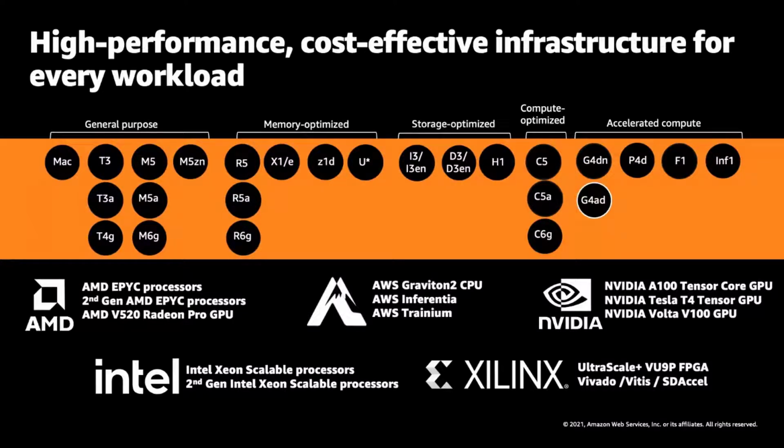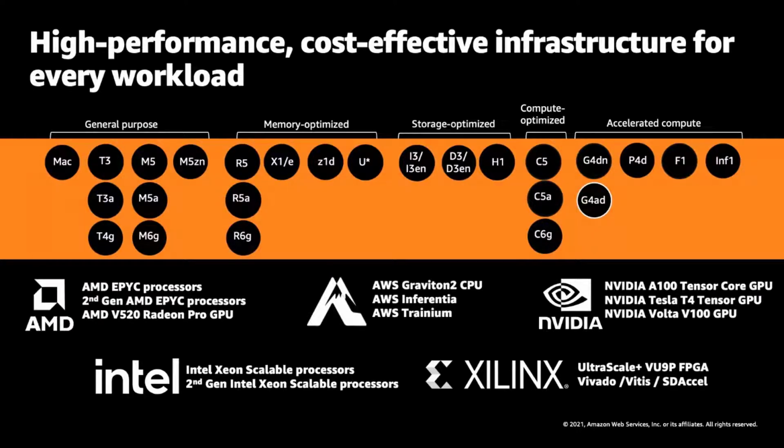But in the diagram, you can also see all of the other AMD-based offerings throughout each of our compute-based platforms. And what I like about this is you can see our entire set of compute-based offerings here. AMD instances are easily identified because they have an A in them, just like G4ad, C5a, M5a, R5a.